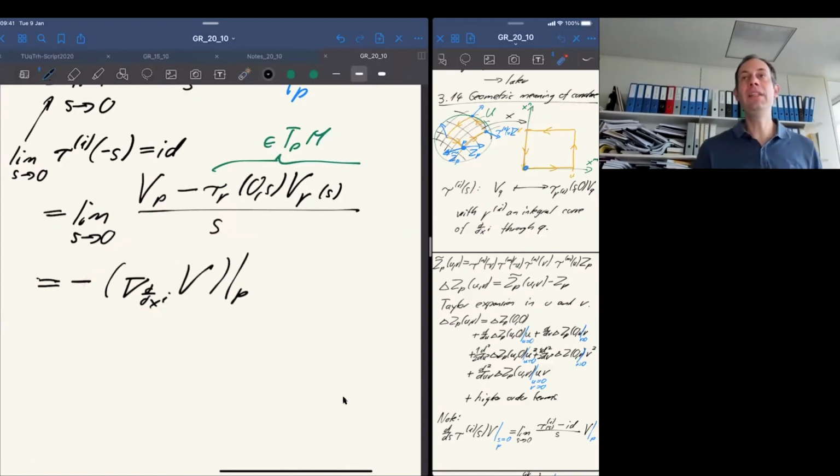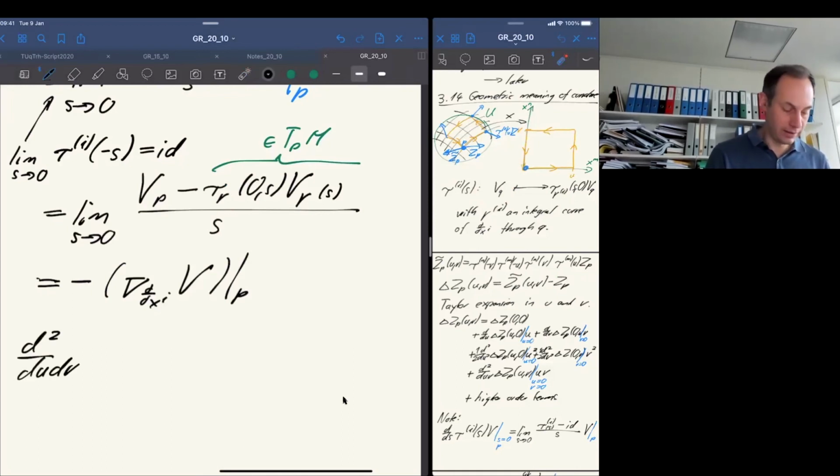And now we can very easily, okay, I know it's already time to stop, but let me make this last calculation. It will probably take another 2 or 3 minutes, but certainly not more. The only thing we need to do is to evaluate this thing here. Delta Z_P.